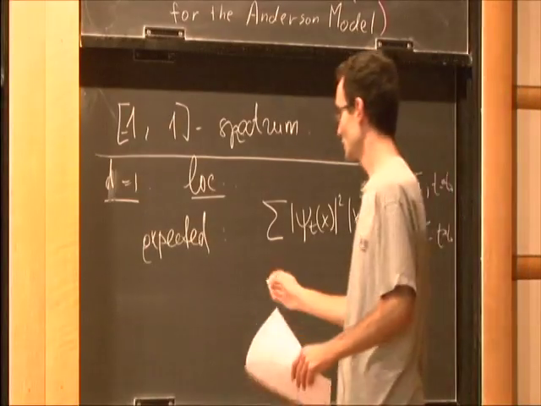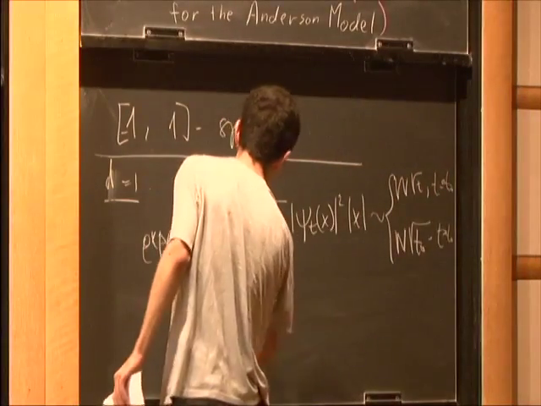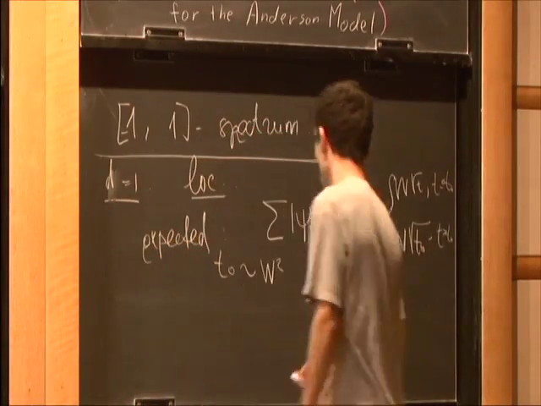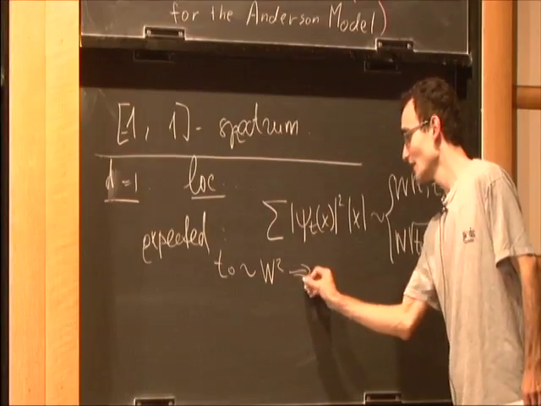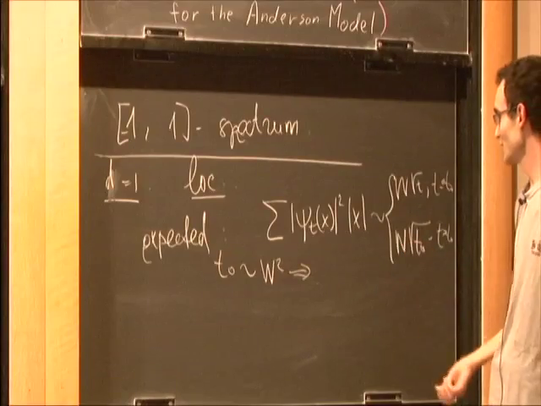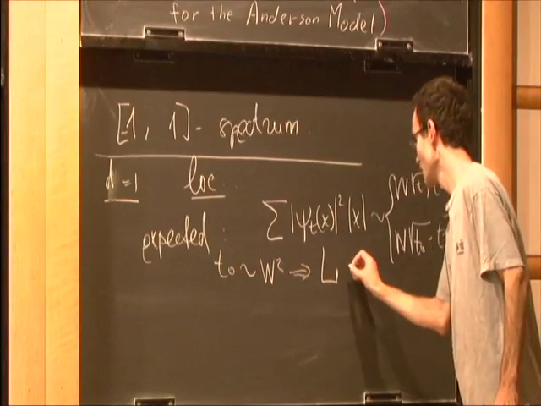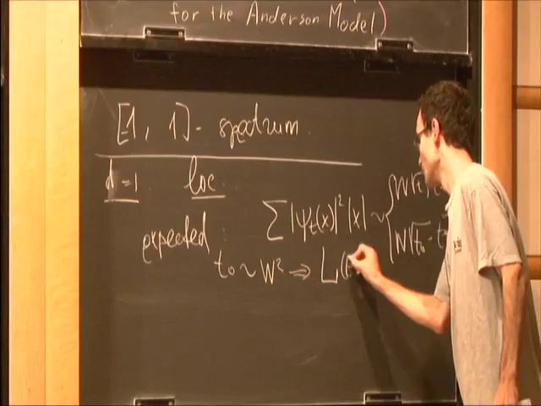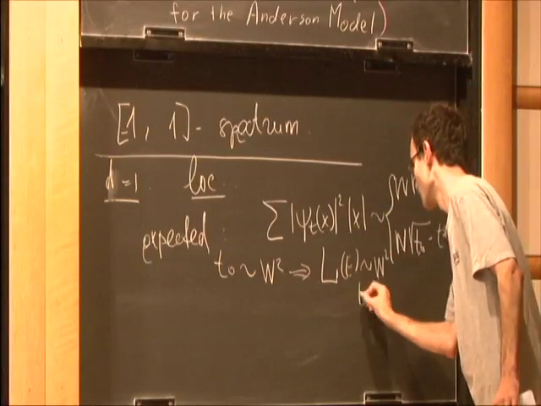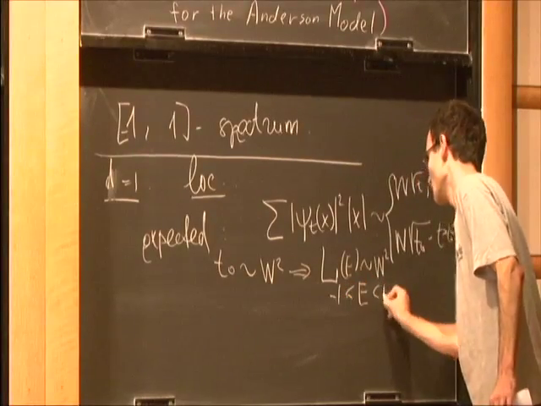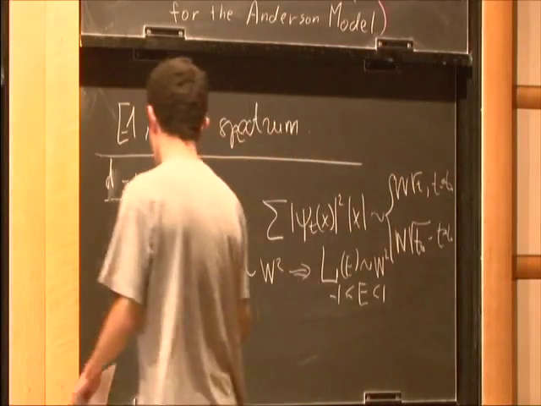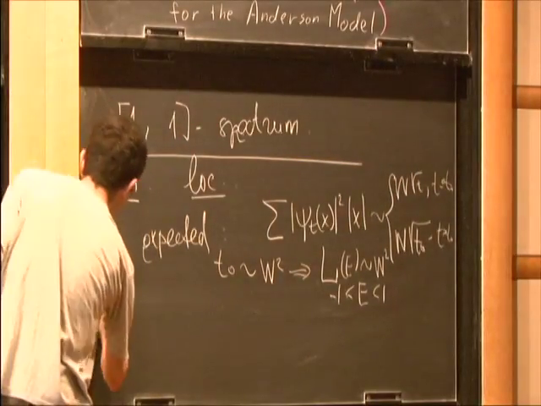And this t0 is expected to be w squared, and therefore the localization length, the size of the box where 90% of the mass of the particle stays, is supposed to be of order w squared, and this should hold for energies between -1 and 1, not on the edges.